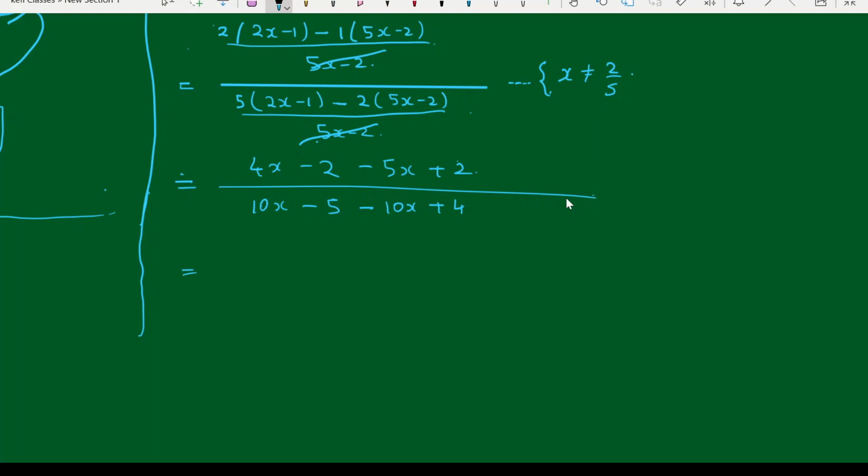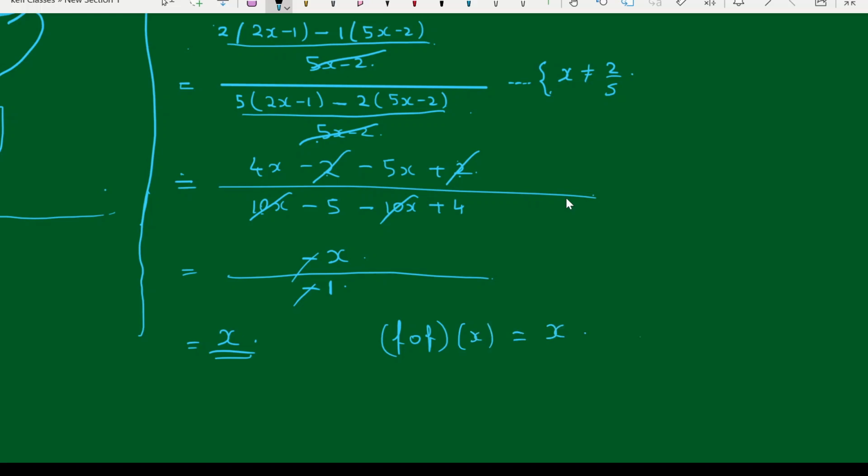Which is equal to, so 4x minus 2 and plus 2 cancels. 4x minus 5x is minus x. Here 10x and minus 10x cancels. Minus 5 plus 4 is minus 1. Minus and minus sign will cancel and you will be left with x. So FOF of x is equal to x. Proved. ठीक है?